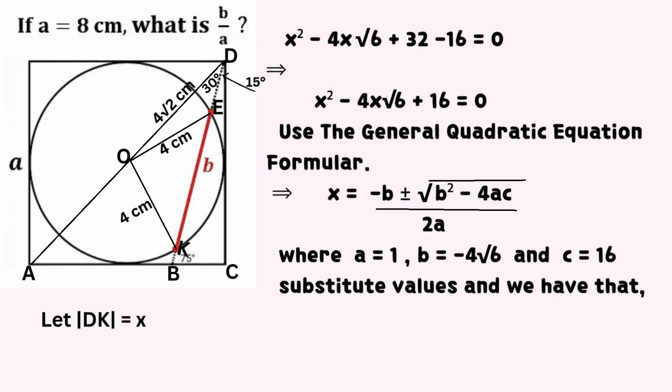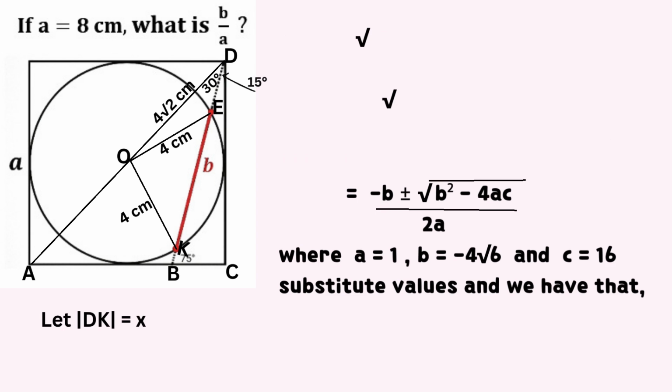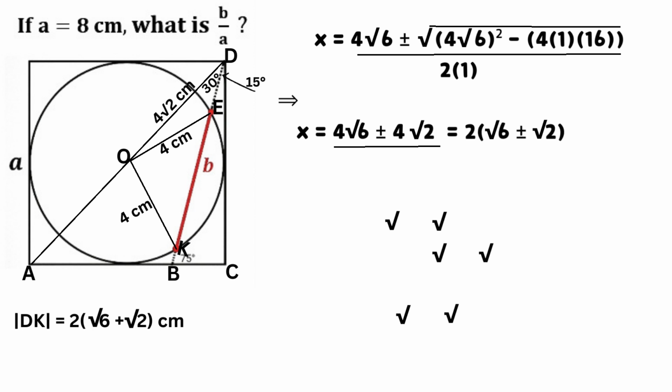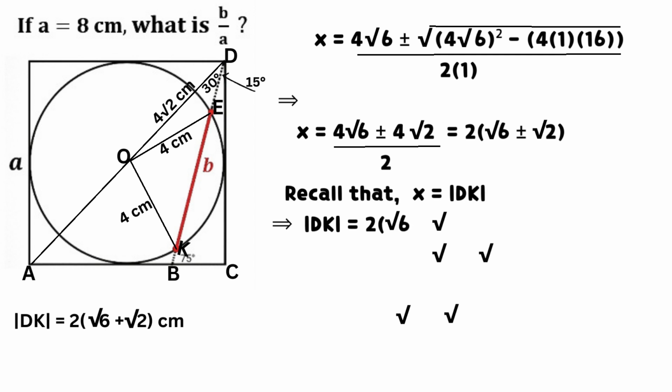Substitute values and we obtained an equation for the value of X as shown on the screen. It implies that X equals the product of 2 and the square root of 6 plus or minus the square root of 2, after simplification of values.